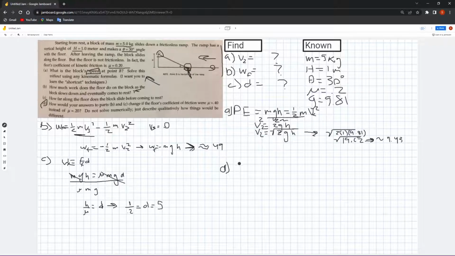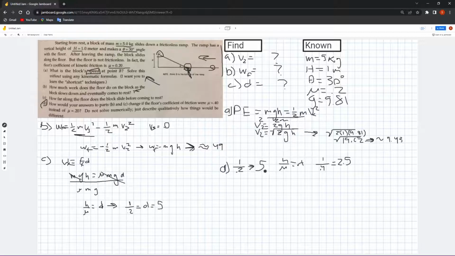This equals 5. So if we put this same equation, height over coefficient of friction equals distance, we would get 1 divided by 0.4, which would give us 2.5, which is half of that.